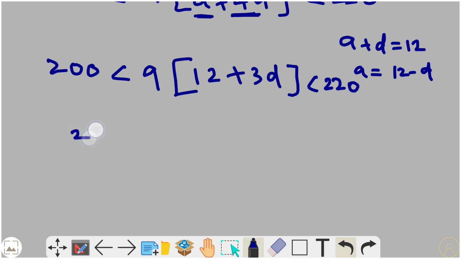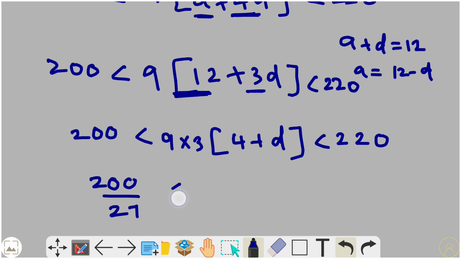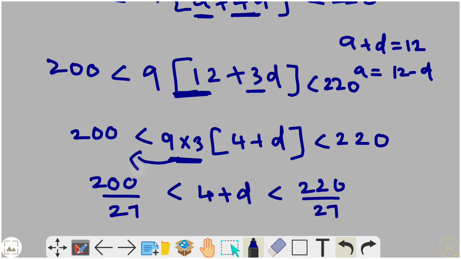Here we have a common factor 3, so 9 into 3, times (4 plus d), is less than 220. So 200 divided by 27 is less than 4 plus d, which is less than 220 divided by 27, because 9 threes are 27, goes to either side of the inequality sign.